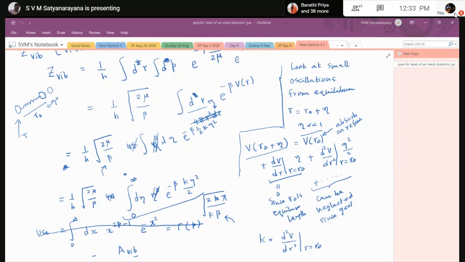Remember that when we go to low temperature, to understand this deviation from 7/2, we are still making it harmonic only. The only thing is we are saying that the energy is no longer continuous. There are discrete energy levels.